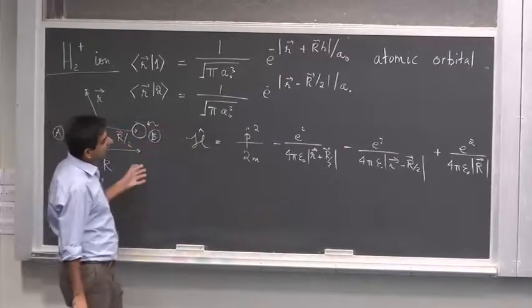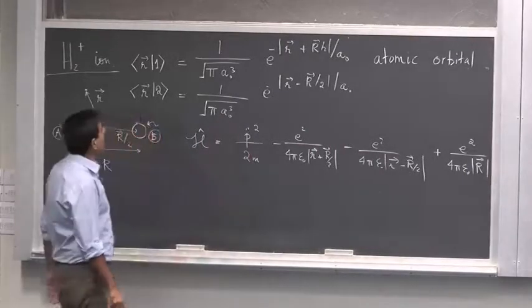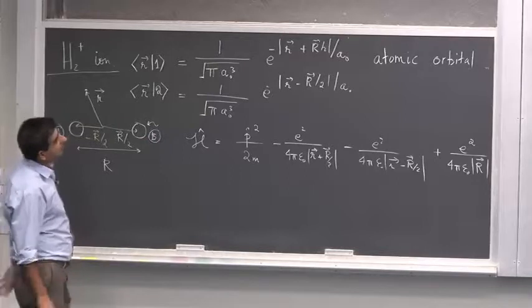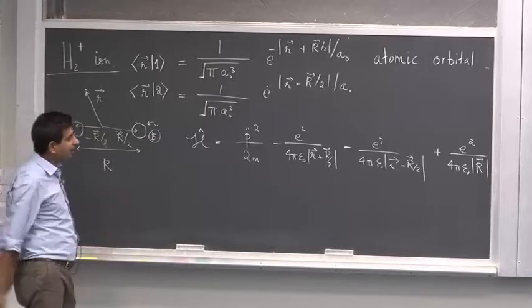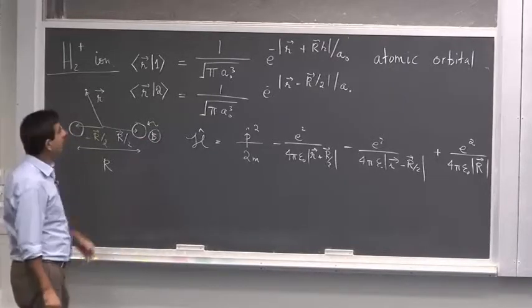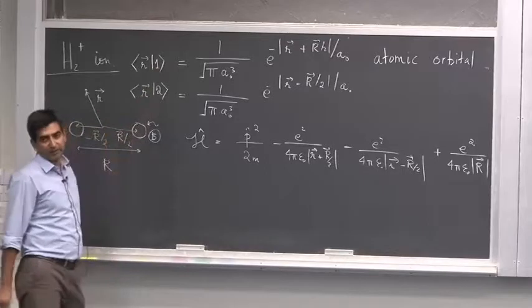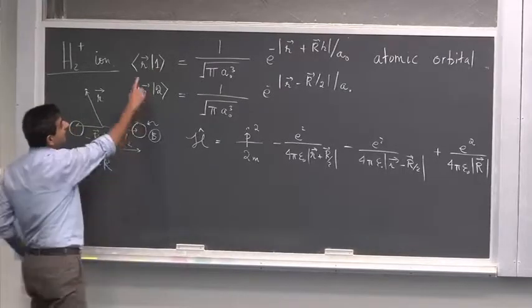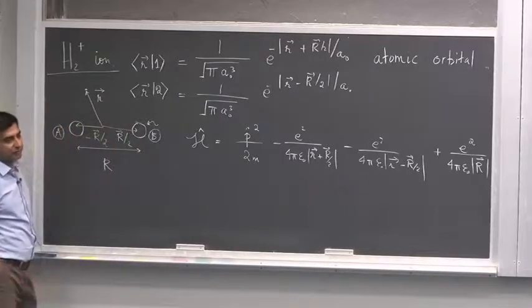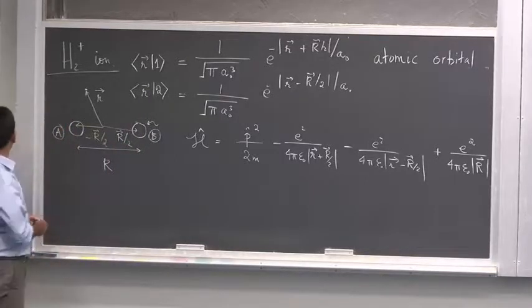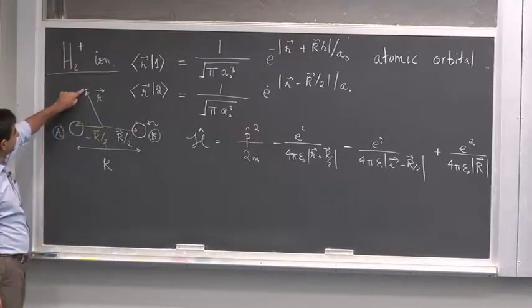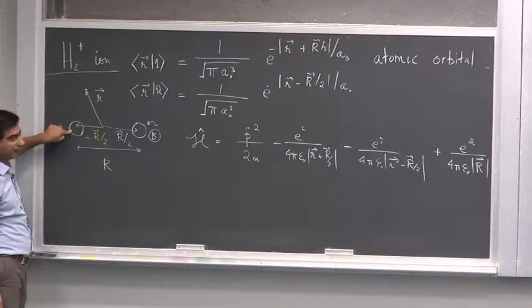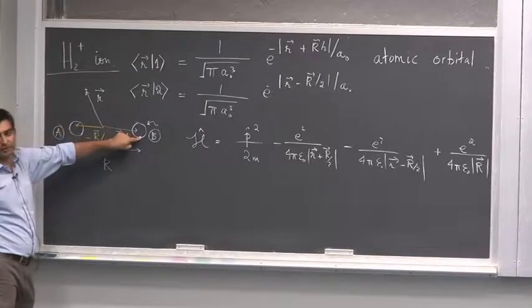If we would like to diagonalize this Hamiltonian, we found that the eigenstates are combinations of ket 1 and ket 2. Remember, ket 1 is not orthogonal to ket 2. Ket 1 is the electron belonging to this nucleus, and ket 2 is the electron belonging to this nucleus.